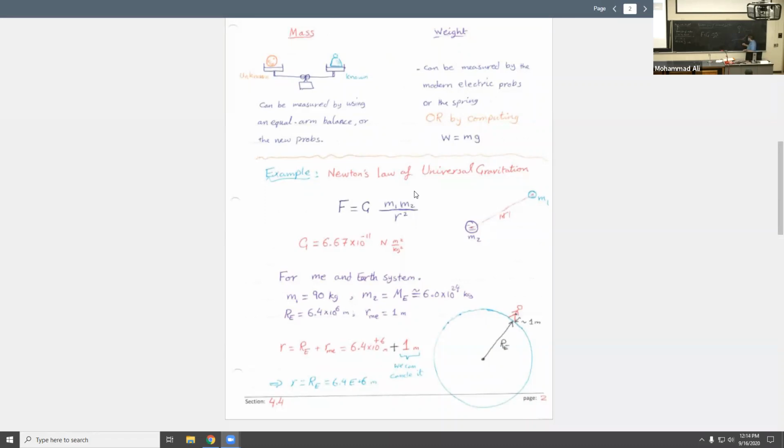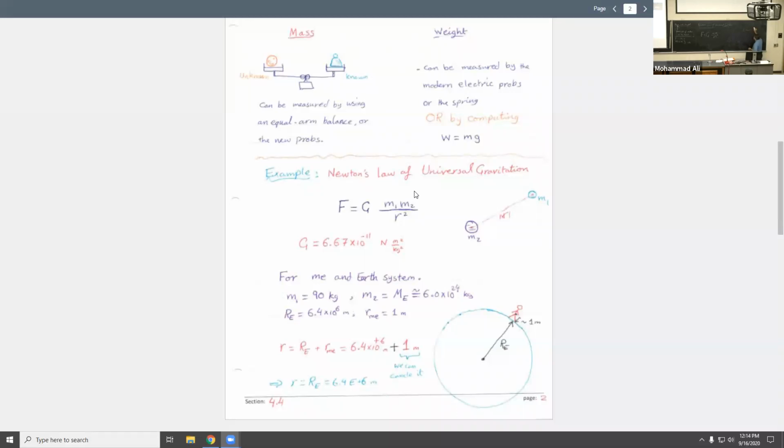Then he knew we have a mass, we have another mass, we have a distance between them. This distance is R. What is the ratio of the force between these objects? I'll talk about that.